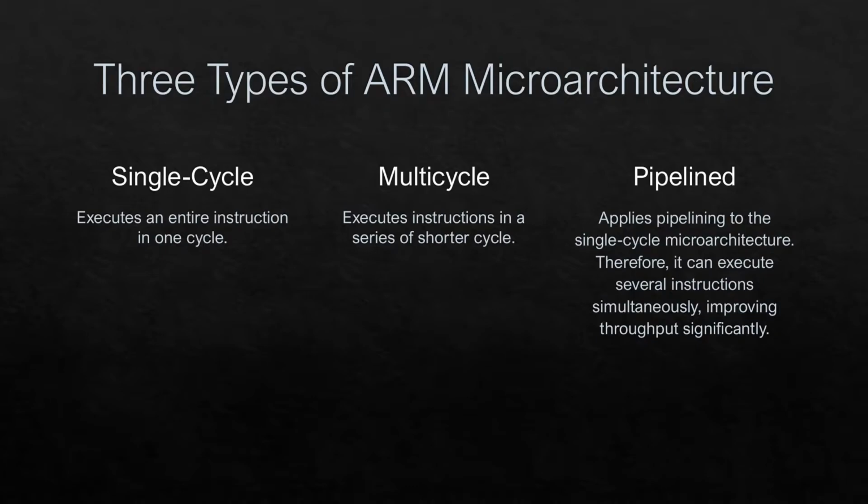Also, this architecture could be costly. You cannot reuse parts of the expensive hardware blocks, such as adders and memories, unlike a multi-cycle microarchitecture, because everything works as a single unit. Moreover, the processor requires separate instruction and data memories, which is generally unrealistic for single-cycle microarchitecture.